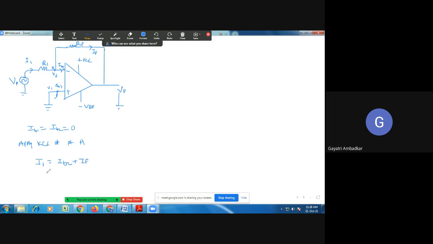But IB2 is 0. The op-amp is not drawing any current, so I1 is equal to IF.